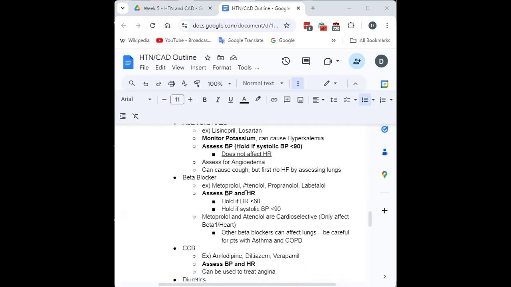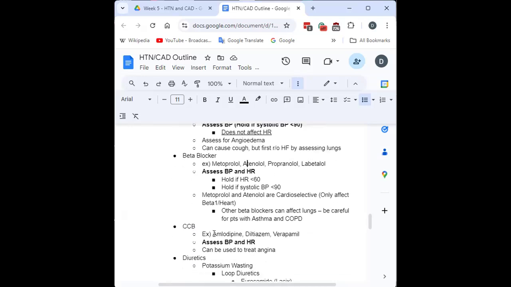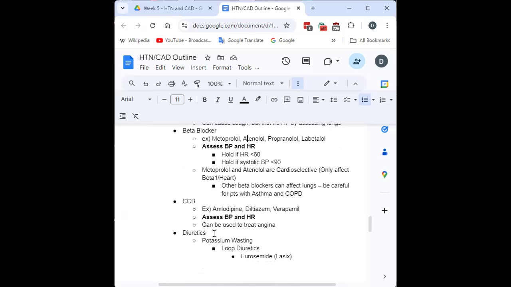So then you'll move into beta blockers. You have metoprolol, atenolol, propranolol. I don't think I see propranolol. I see metoprolol and atenolol a lot, and sometimes labetalol and carvedilol. Your calcium channel blockers aren't as typically used for hypertension.